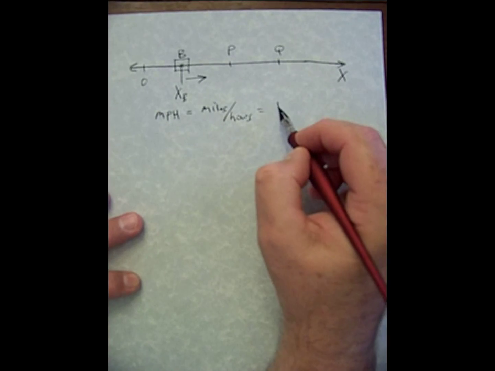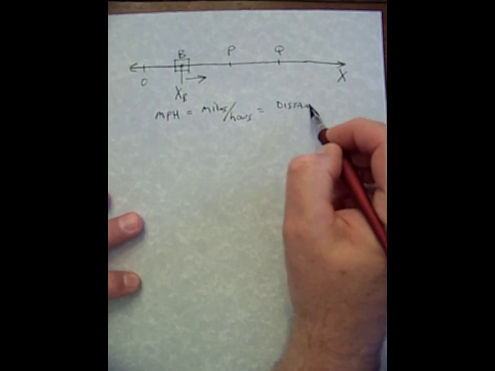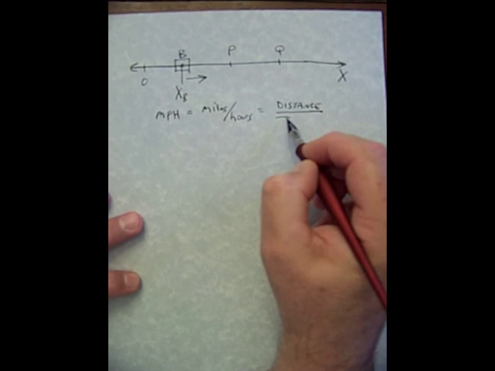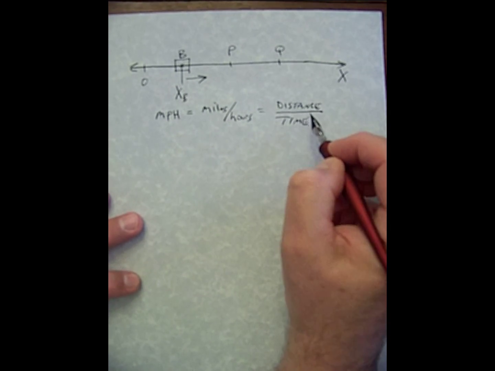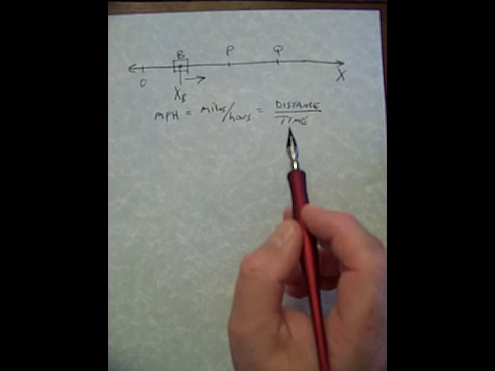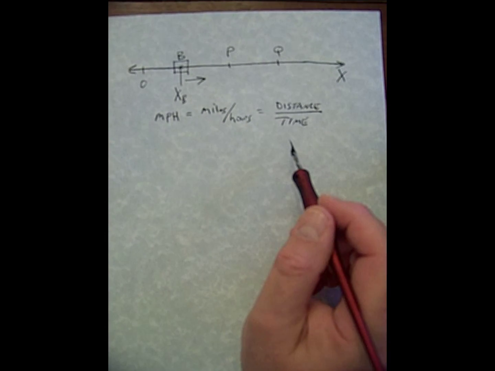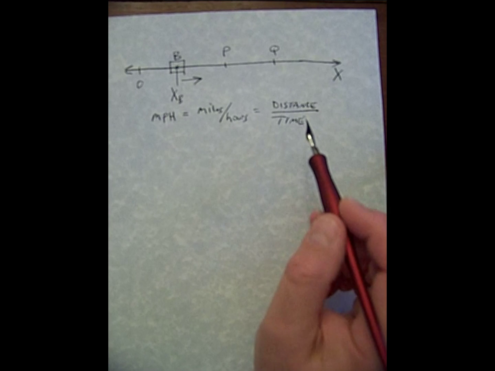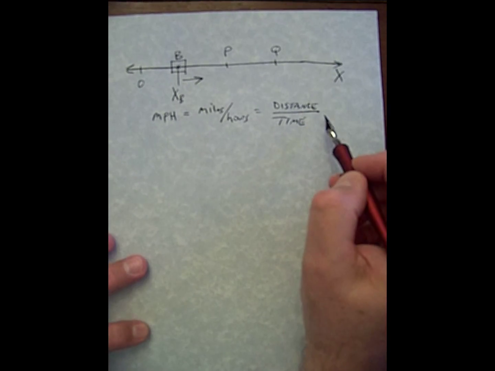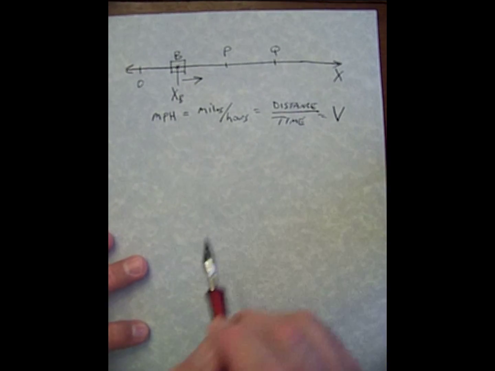And that is simply distance divided by time. So if you travel a particular distance in a particular time, and you divide how far you went by how long it took you, that tells you your velocity v.